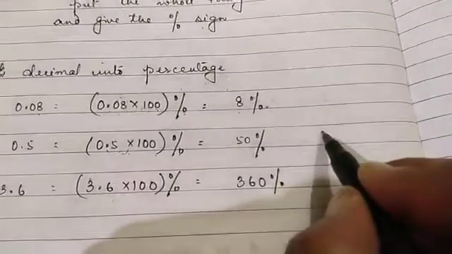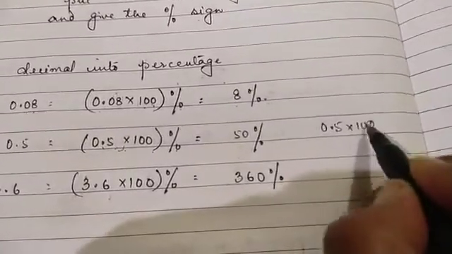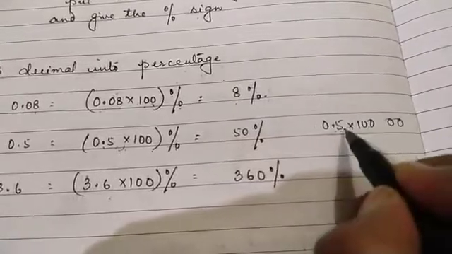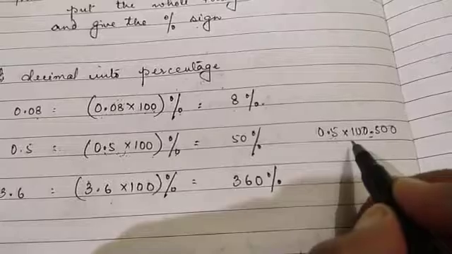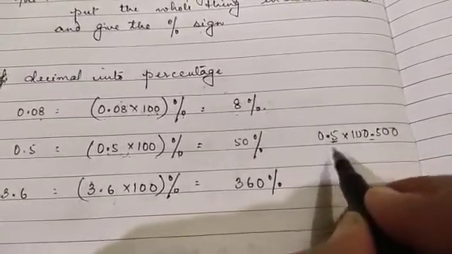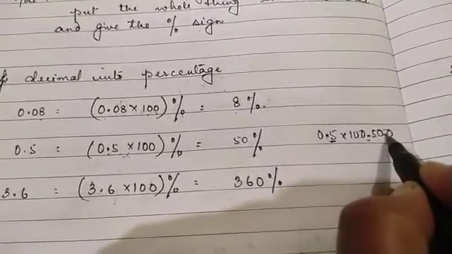Okay, look here, 0.5 into 100. 5 zeros are 0, 5 zeros are 0, 5 ones are 5. How many decimal points we are having? We are having 1 decimal point. So leave 1 digit and give a decimal point.